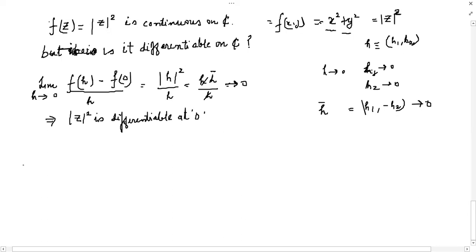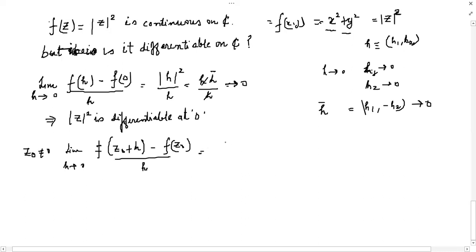Now what about other numbers, which are not equal to 0? So let us consider z naught such that it is not equal to 0, and let us now try to evaluate this limit. So this will be limit h tends to 0, f of z naught plus h minus f of z naught divided by h.